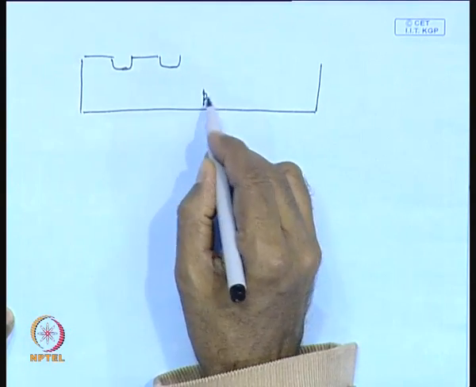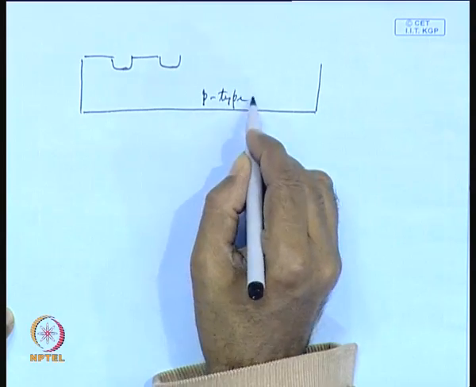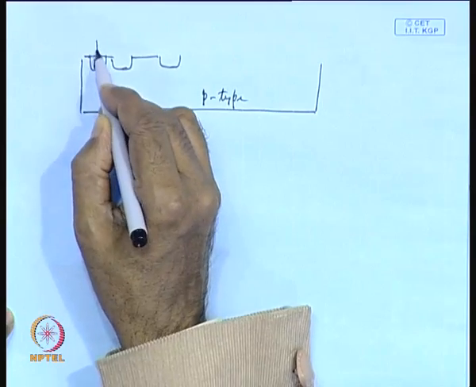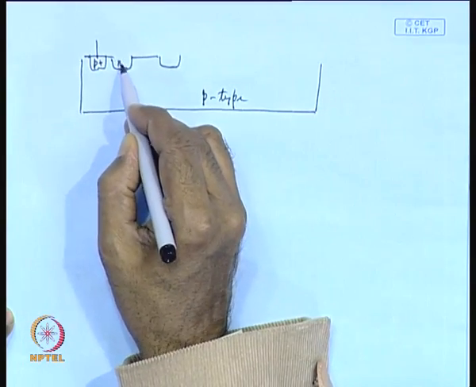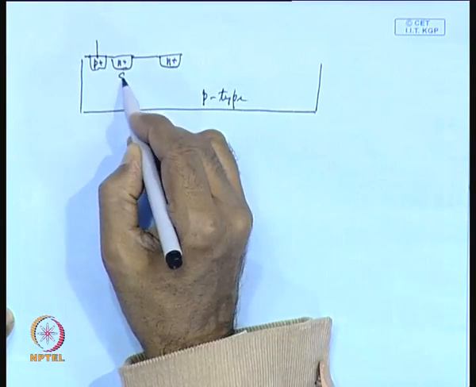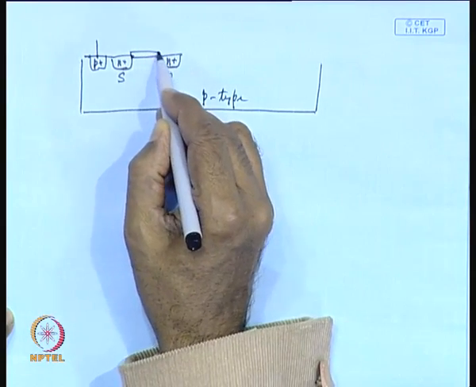Let us assume this is p type substrate, and this one you will make p plus to apply body bias, and this is n plus, this is n plus. So, this is your source, this is drain, and here is the gate.